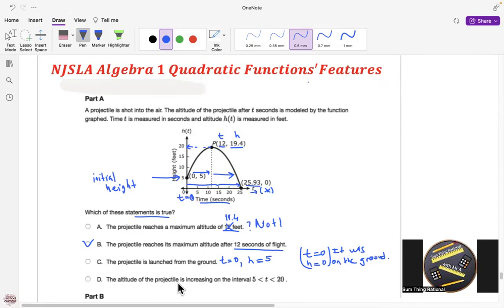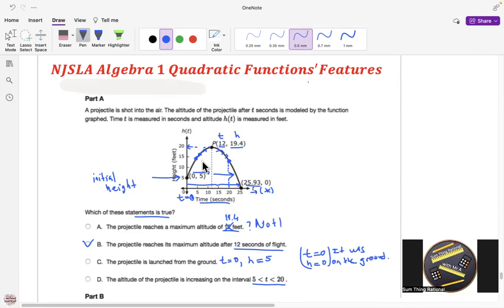The other option is increasing on the interval between 5 and 20 seconds. At 5 seconds, the projectile height is somewhere around 15, and then it is increasing. At 12 seconds, it reaches its maximum. After 12 seconds, the height is decreasing. When it comes to 20, its height is somewhere here, decreasing.